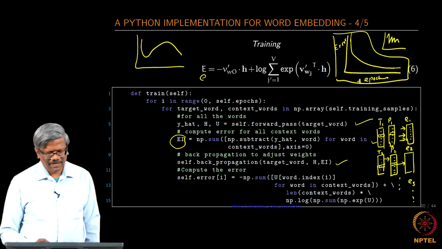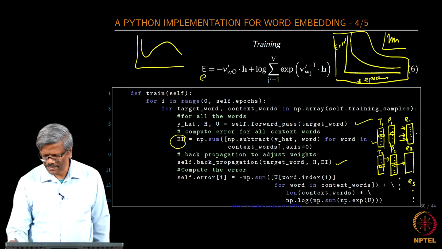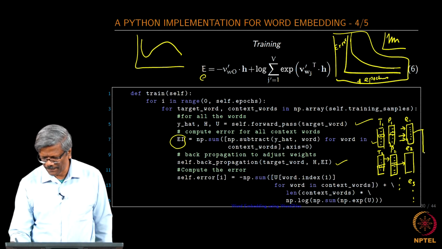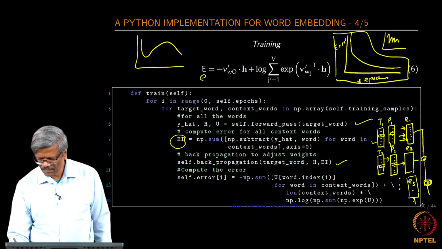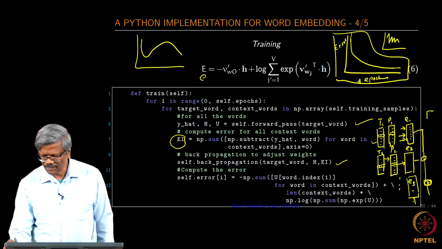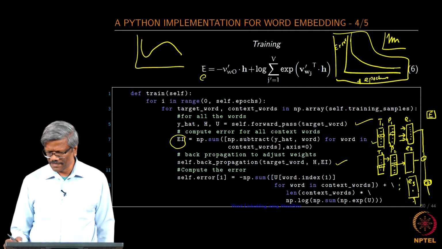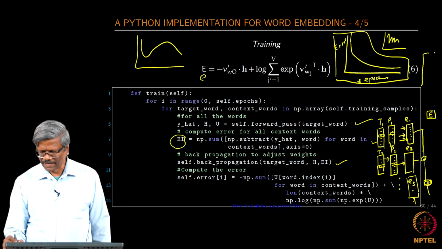We need to compute the sum of all this, and then finally we get one E from all this, right. So, the E size is also the same as the size of our vocabulary.